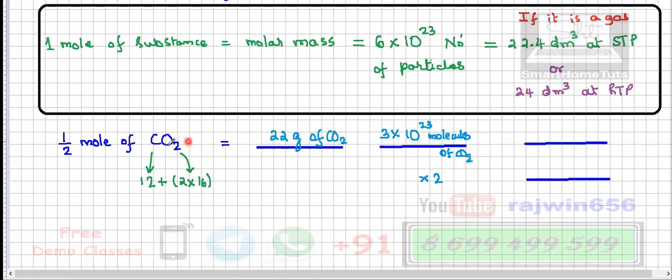Now, in the same question, suppose I ask you totally how many atoms are present in half mole of CO2? Let's take 1 molecule of CO2.